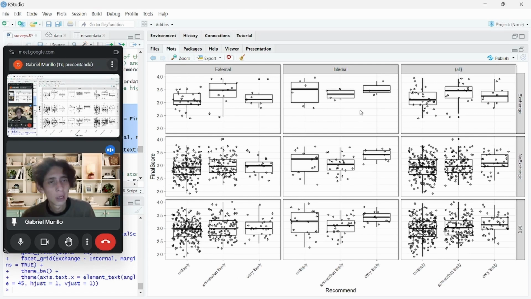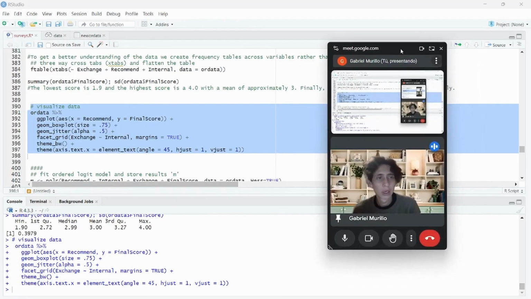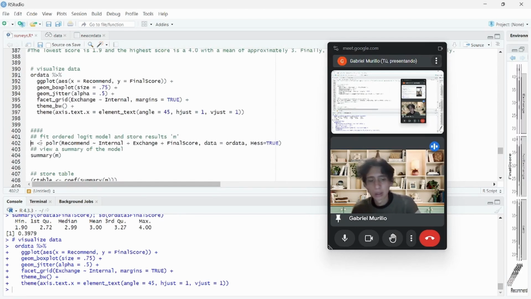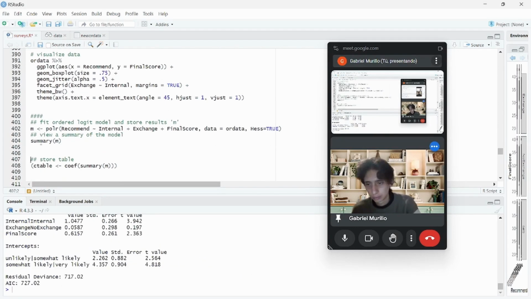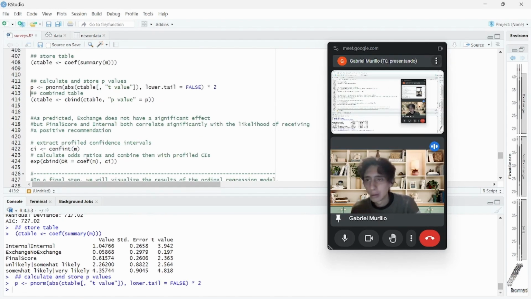Another thing we can say is that the prediction could be that the most likely to have a very likely recommendation is this variable, this internal student. We are going to confirm that by running some tests in this part. So we have to calculate the p-values.